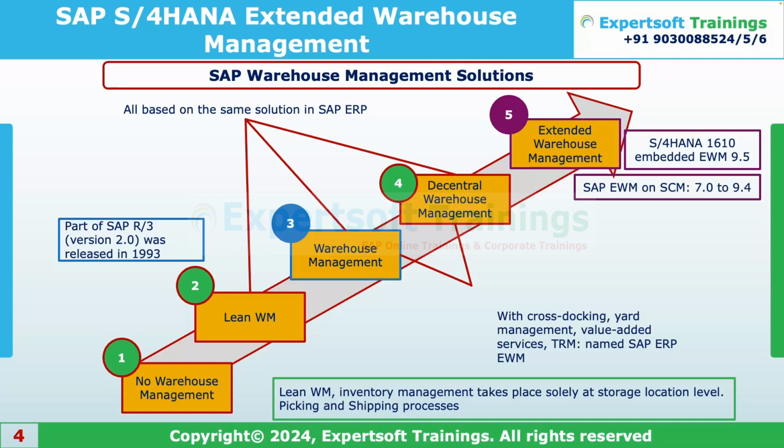So in those cases, SAP has introduced the SAP decentralized solution, where you move your SAP WM module to a separate client or separate box, and you detach it from your mainframe ERP system.